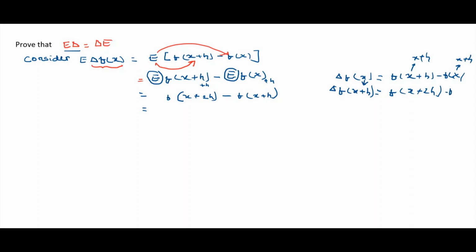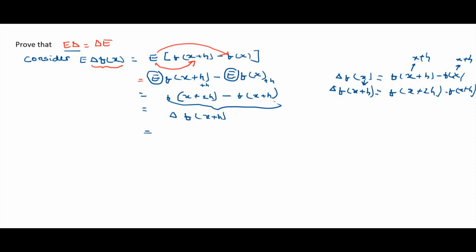So you will get f of x plus h. And now using the same formula here, this is f of x plus 2h minus f of x plus h, we can write it as delta f of x plus h.